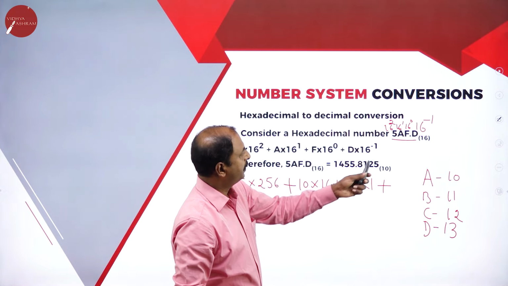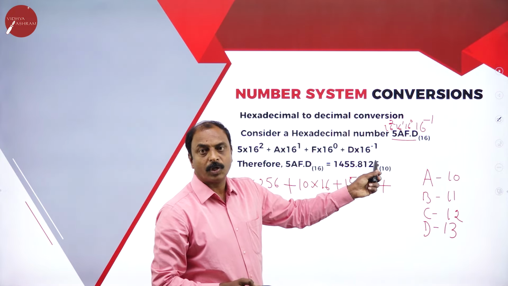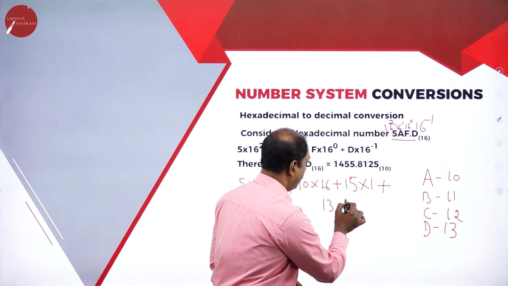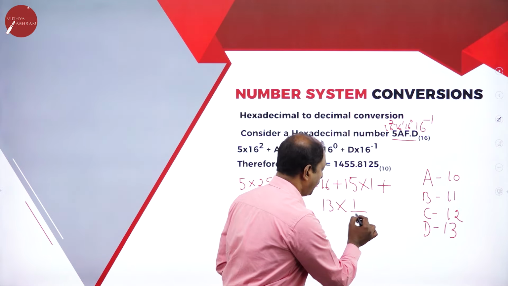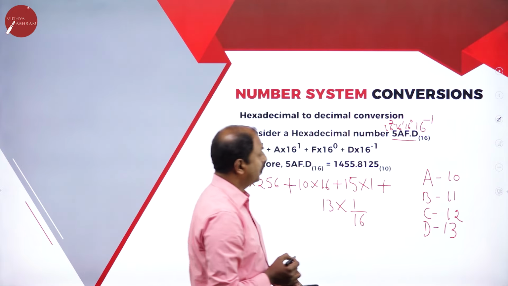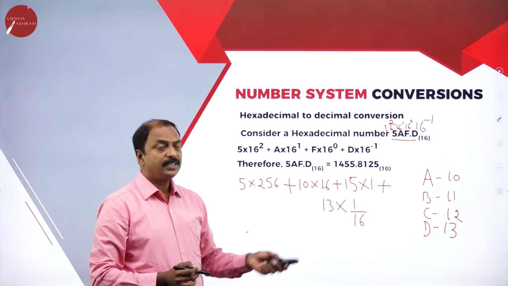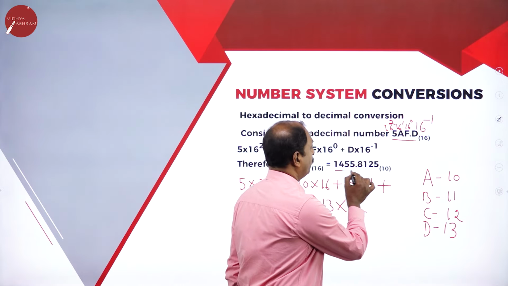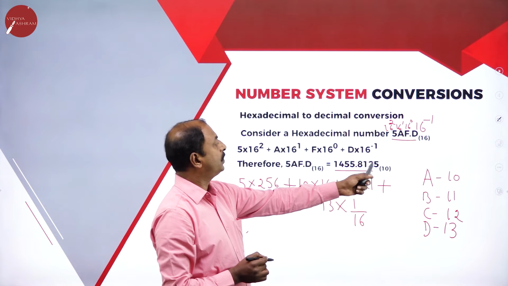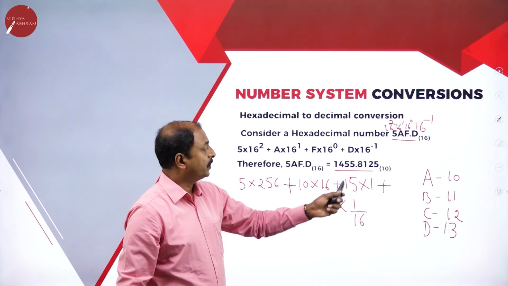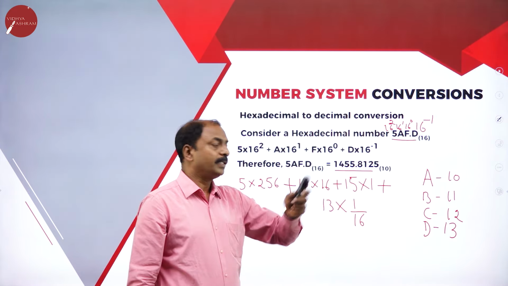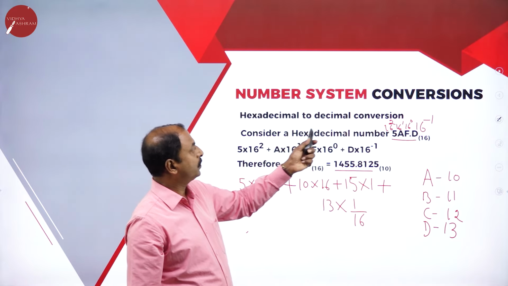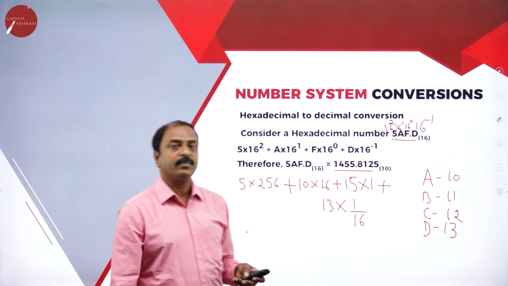So D into 16 to the power of minus 1 is 13 into 1 by 16. When you sum up all these things, we get the answer 1455.8125 in decimal number system. So this is the conversion from hexadecimal to decimal number system.